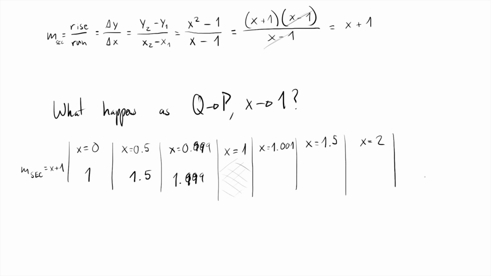On the right-hand side, we can do the same thing and substitute in our x value. We get 2 plus 1, which is 3. We get 1.5 plus 1, which is 2.5. And then we get 1.001 plus 1, which is 2.001.